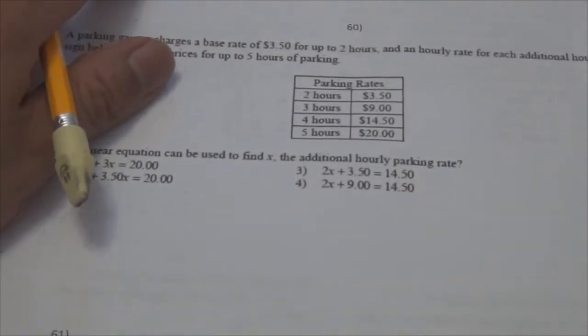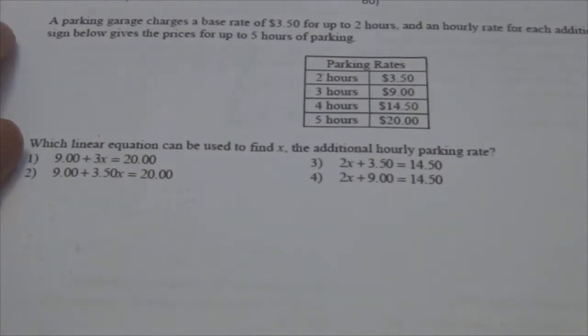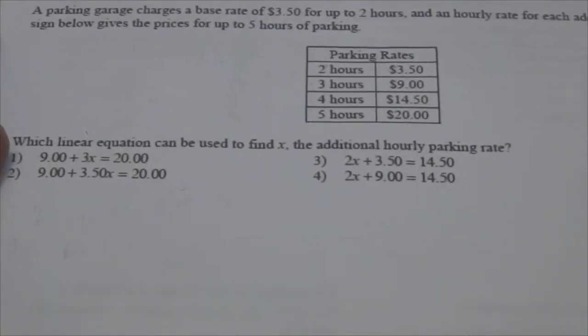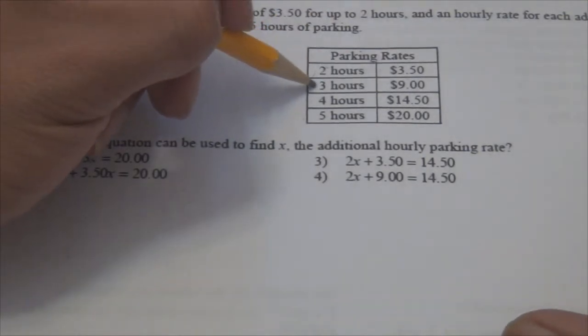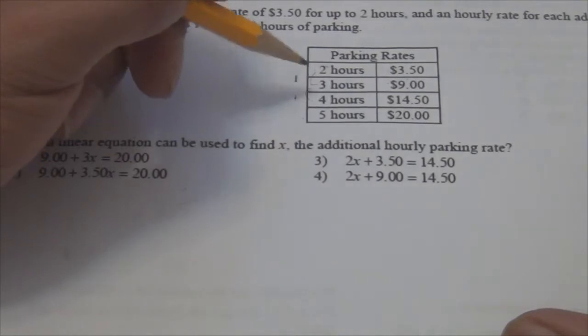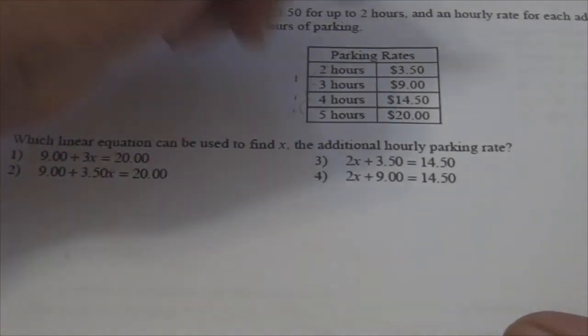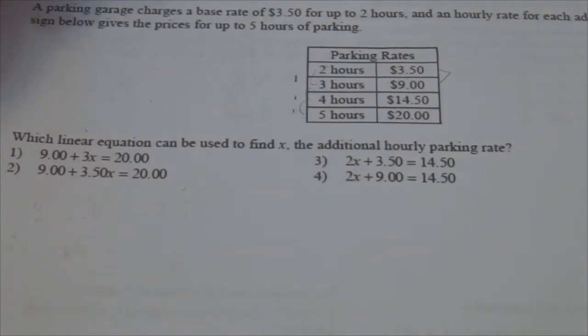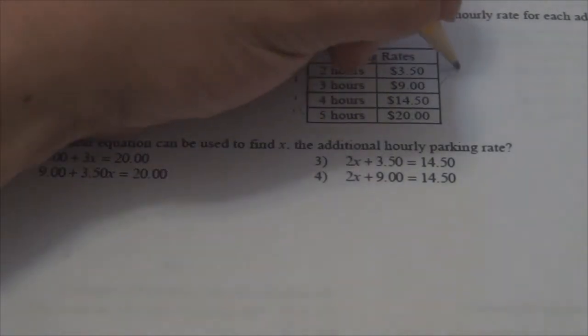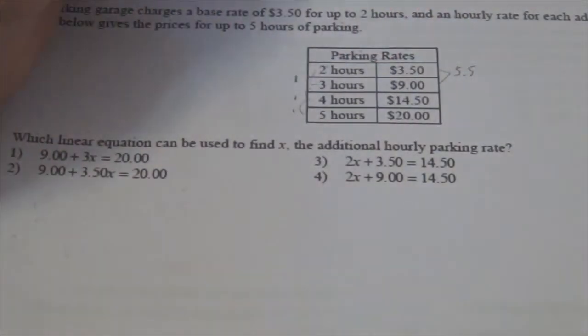First of all, let's take a look at our rate of change. From 2 to 3 is 1, from 3 to 4 is 1, 4 to 5 is 1. Now $3.50 to $9, what is the change? It increased by $5.50.